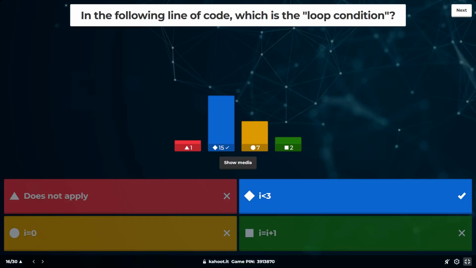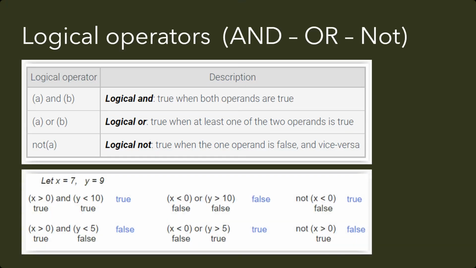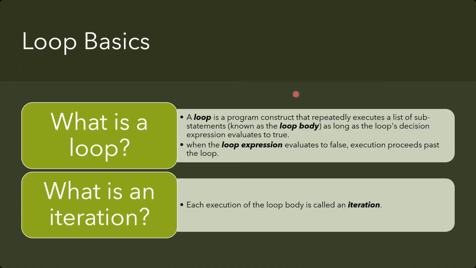Take a look at a couple of slides here. Here's loop basics. I want to just point this out to you. A loop is a program that repeatedly executes a list of substatements. That's called your loop body. So everything inside that's being evaluated or happening, that's called your loop body.